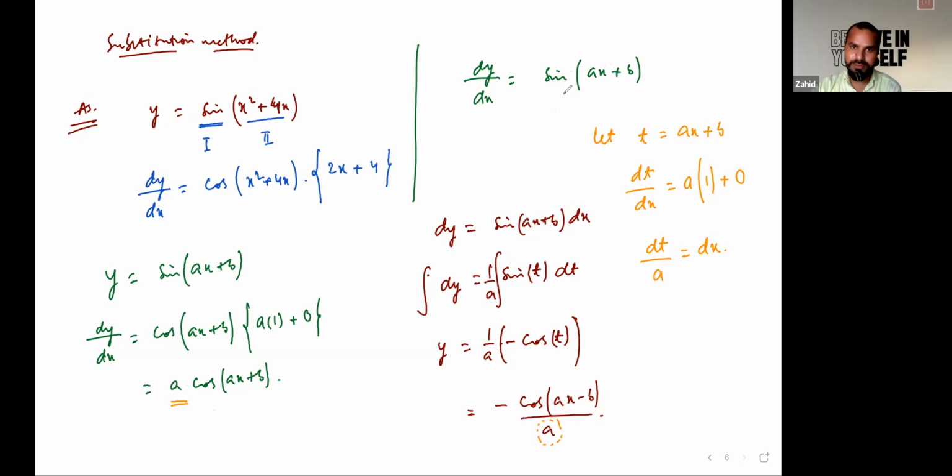For any trigonometric function, sine, cos, tan, or any other function, where the angle is a linear function of x, like ax plus b, omega t plus phi, meaning the variable has a linear exponent, on differentiating, the coefficient of that variable gets multiplied to the final result.